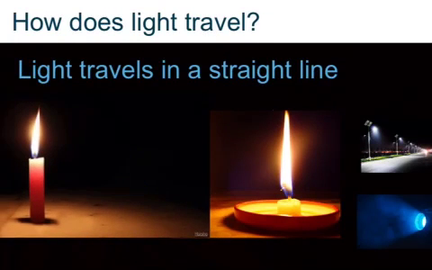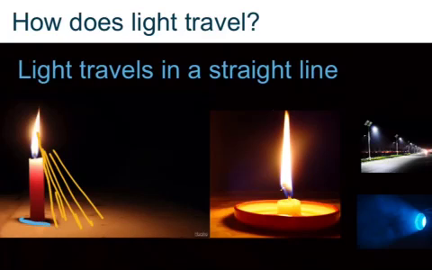And if you understand that light travels in a straight line, then you realize something. The light from here travels in a straight line, but then it's blocked by the candle. So the light only reaches this area here. And so this part here would have a shadow because the light doesn't shine on it.